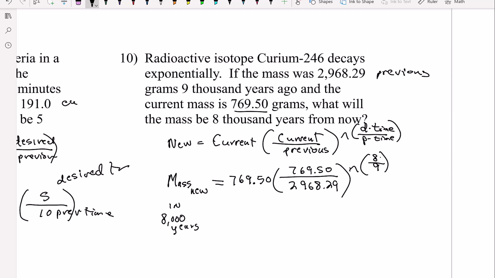So it looks like the new mass of 231 point, and they gave it to the hundredths place, so I'll give it to the hundredths place, ounces in 8,000 years.